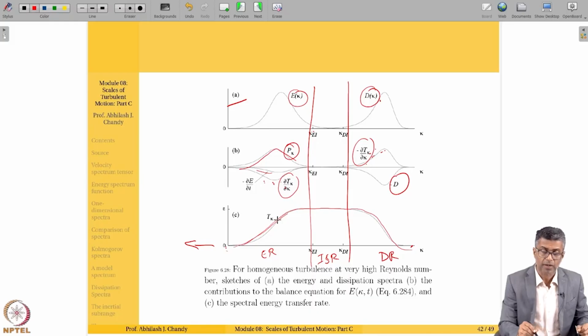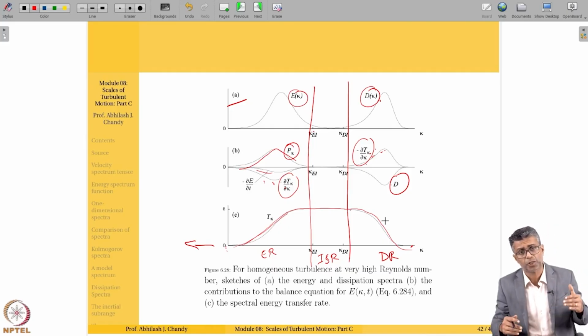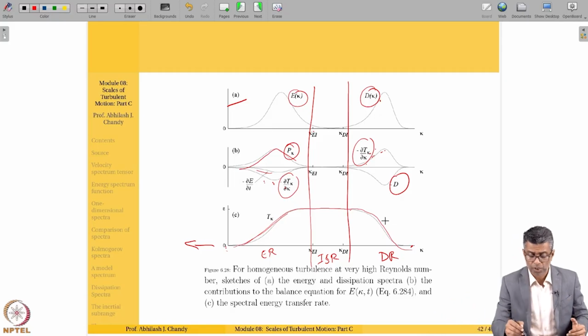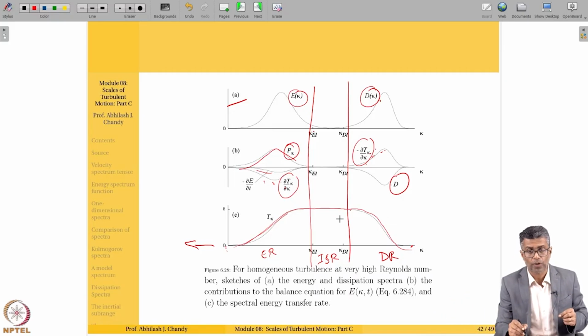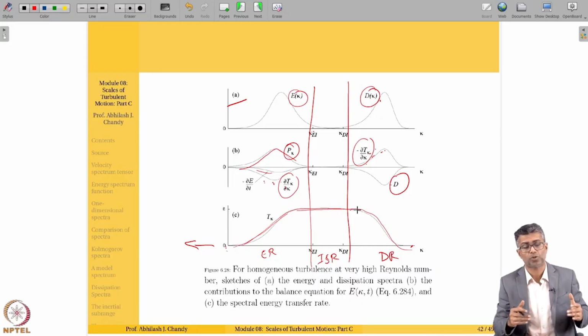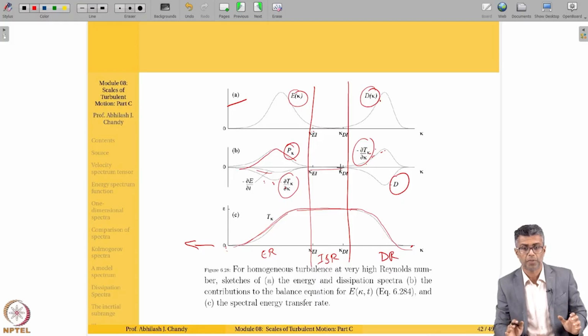So it will keep increasing, then it flatlines in the inertial subrange, and then it slowly decreases as the energy is being dissipated out. If you look at T of kappa, it is almost a constant over the inertial subrange. So that is what is leading to this minus del T del kappa being zero here. I hope this makes sense.